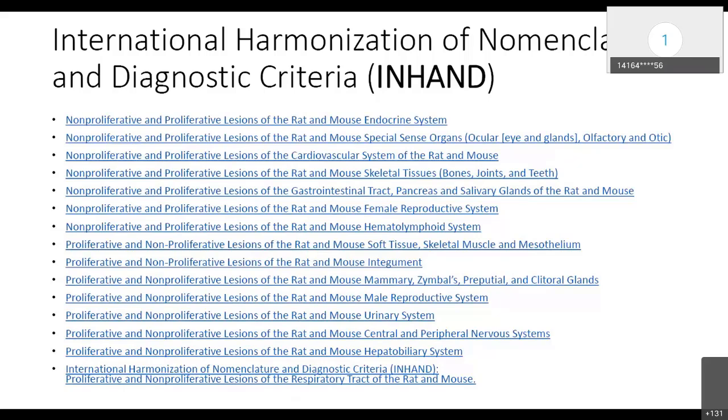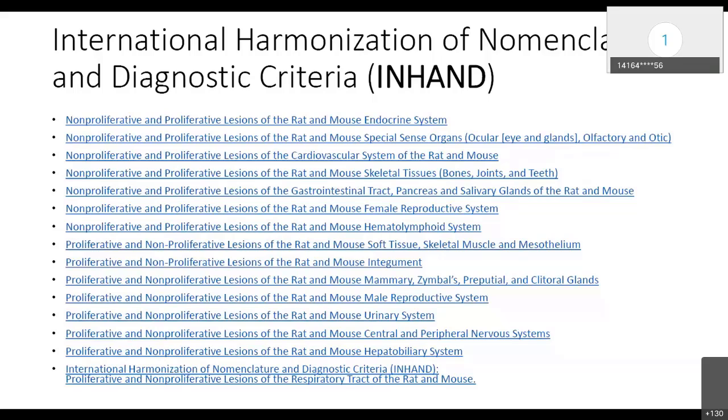Yeah, so this is what I was explaining, that it's a global challenge, and every pathologist was explaining the reasons or findings in their own way, and those were the reasons why the differences were arising. So a number of societies have come together and they have designed criteria. It is called International Harmonization of Nomenclature and Diagnostic Criteria, INHAND, which is very popular among pathologists.